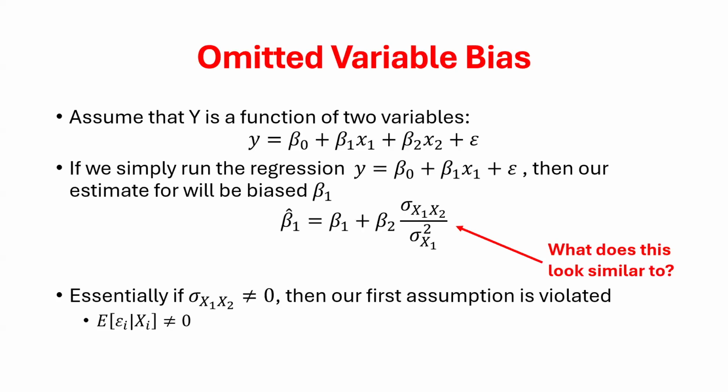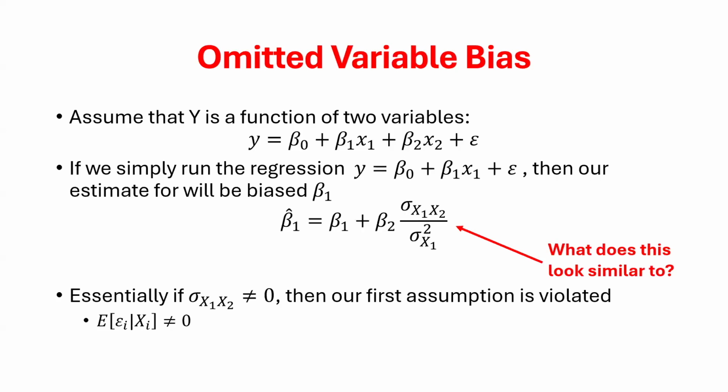But if we were able to include it, it would have been the effect that this second variable had on y, or how it was correlated with y. The other part of that bias was essentially this hypothetical coefficient, which simply represents the correlation between the variable I included and the variable I omitted.